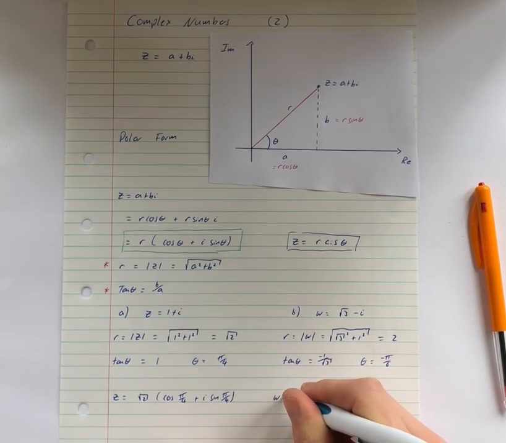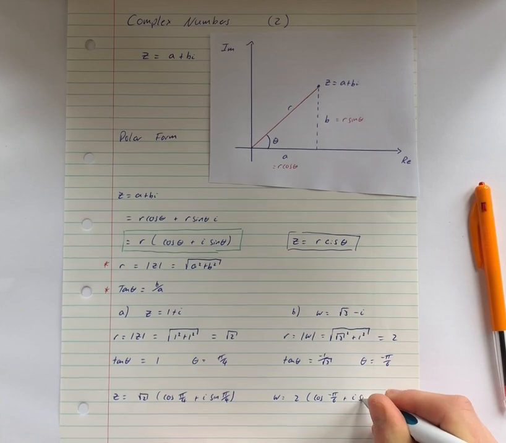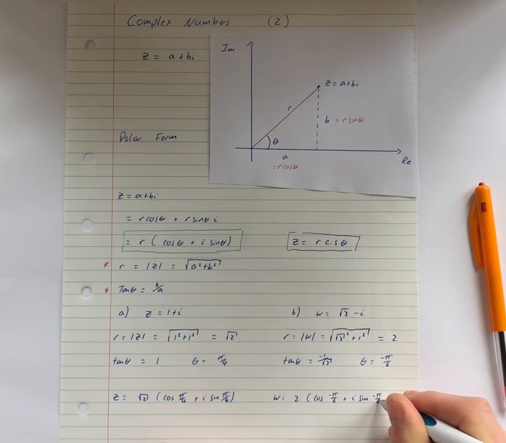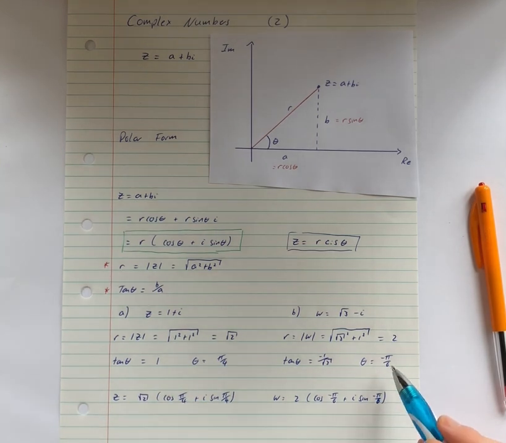So w is 2 cosine -pi on 6 plus i sine -pi on 6. You could technically have 11 pi on 6. That would just be going the full rotation anti-clockwise, or you can go in the negative direction as well.